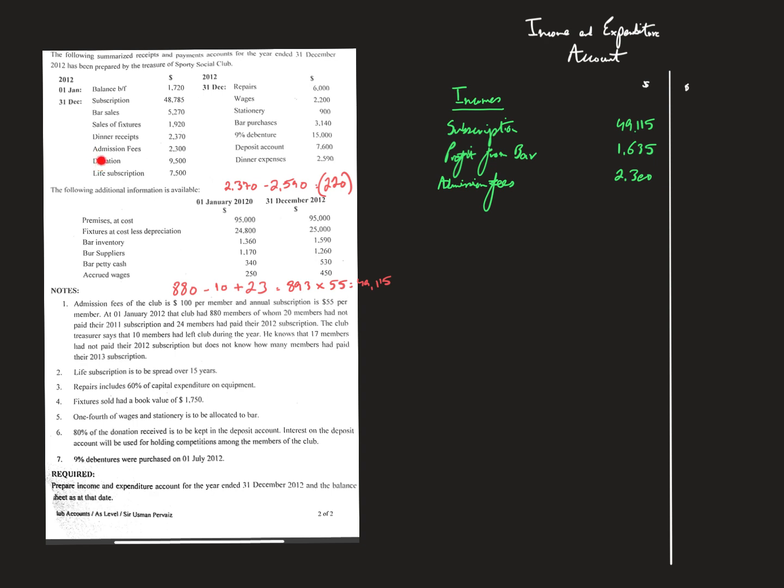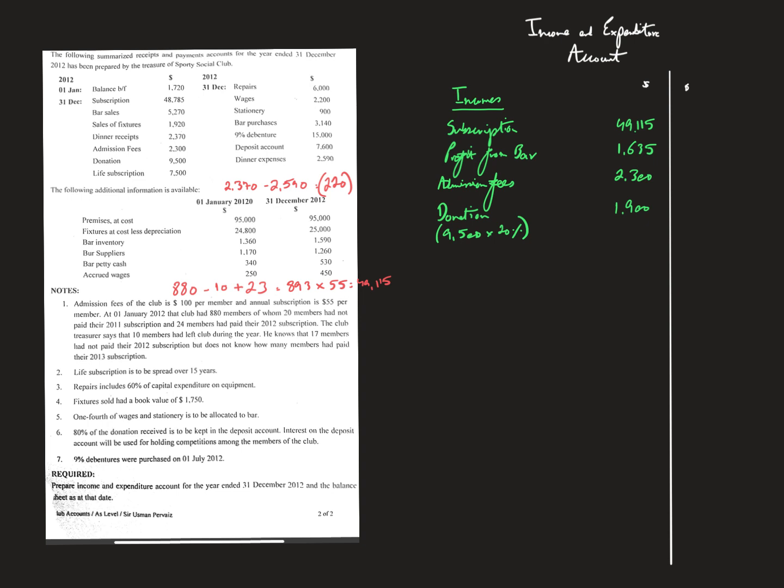Another income is donation. How much is the donation? 9,500. We did some working on this: 80% was to be kept in the deposit account, so the remaining 20% becomes non-specific. How much is that? 1900.